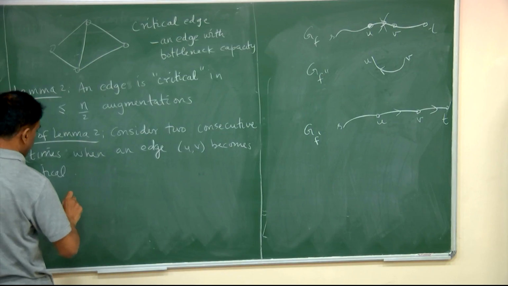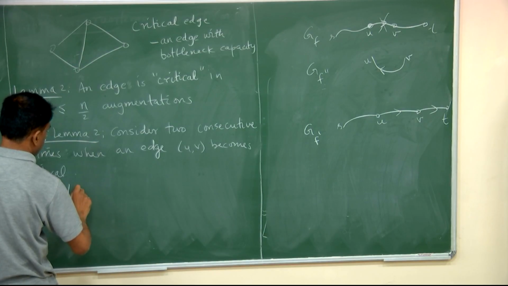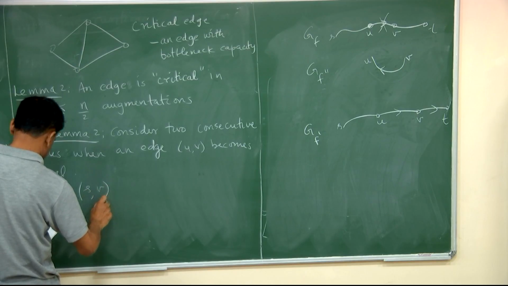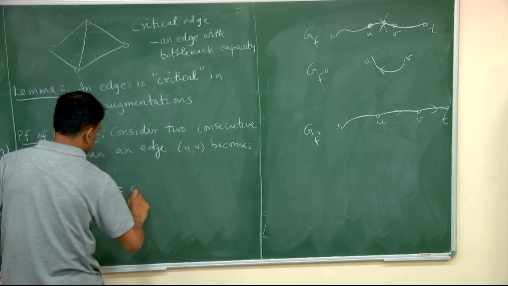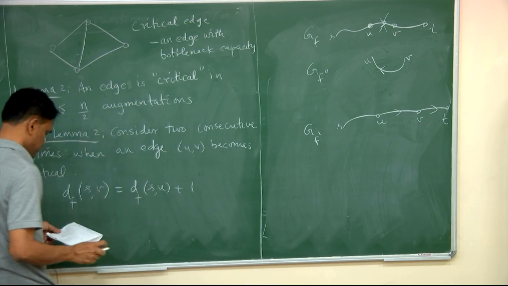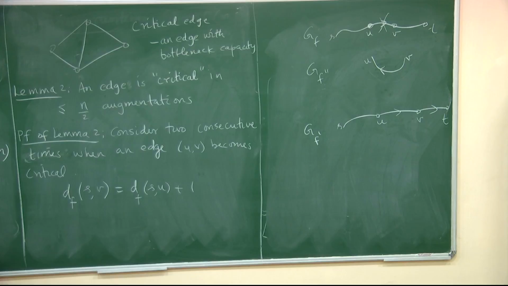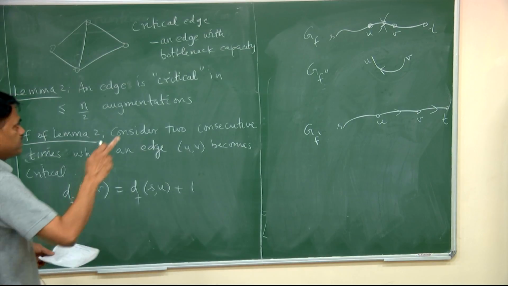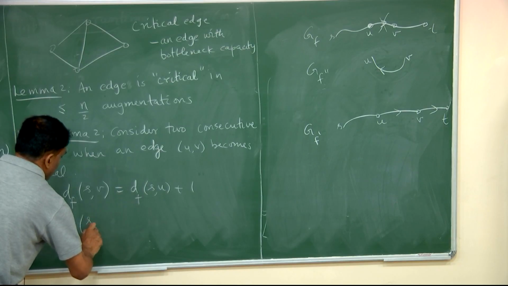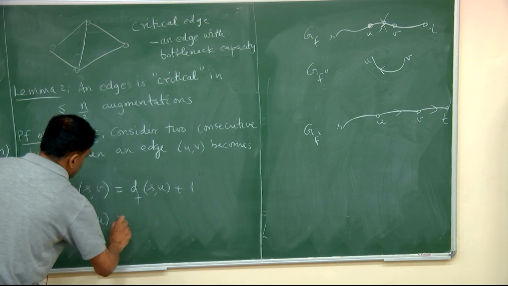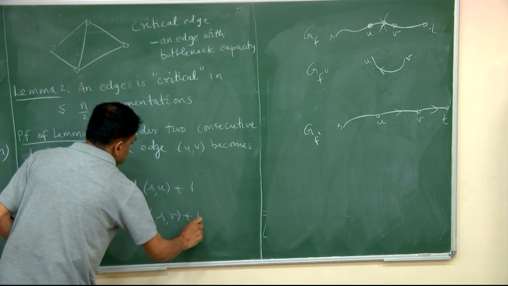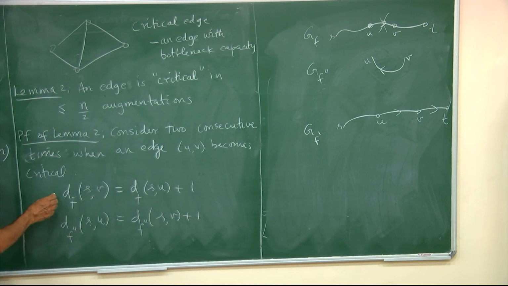So the distance in GF from S to V is equal to the distance in GF from S to U plus 1. But in GF double prime, dF double prime of S to U is equal to dF double prime of S to V plus 1, because these are shortest path lengths.